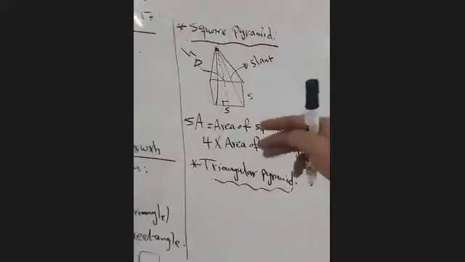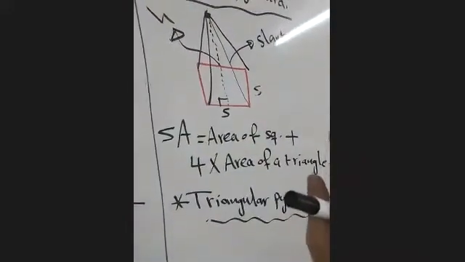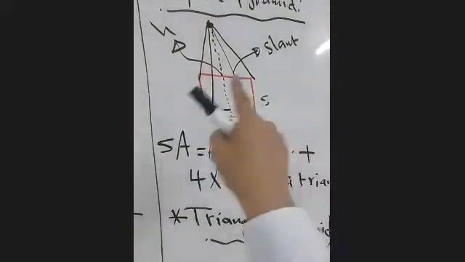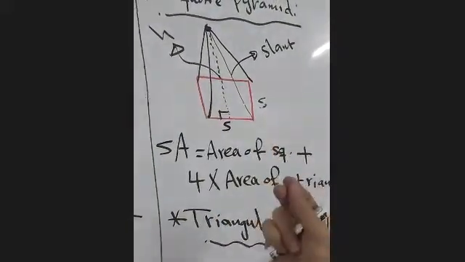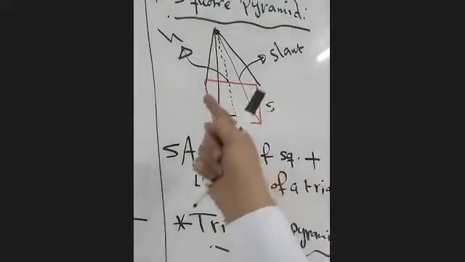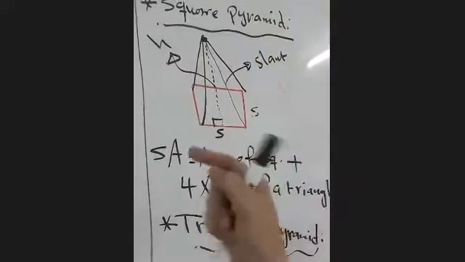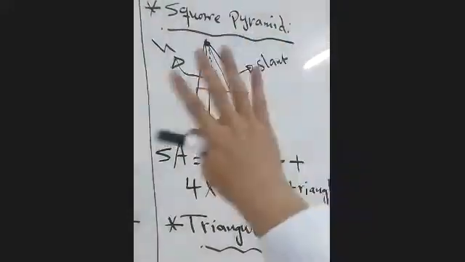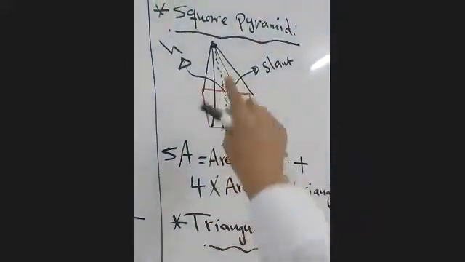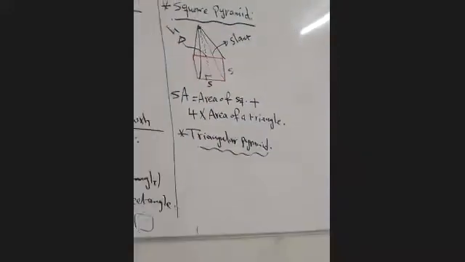This is the surface area of the square pyramid. How do we find it? The base is a square. We find the area of the square plus 4 multiplied by the area of a triangle, because the 4 triangles have the same base and the same height, so they have the same area.